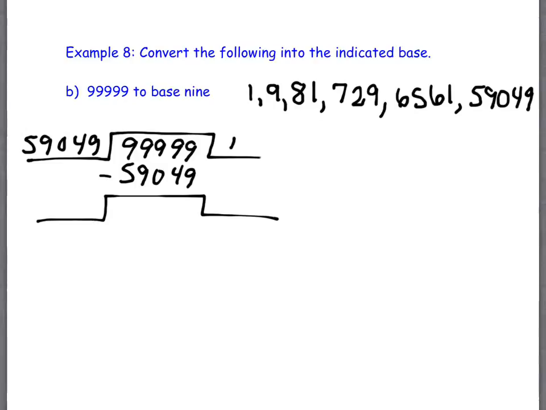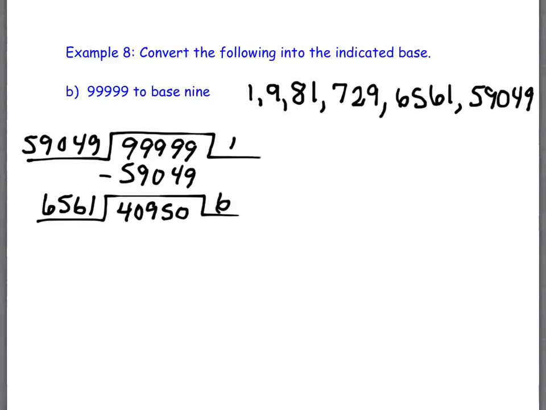All right, so what do we get when we subtract? Perfect. And then we will divide by the next largest power of 9, which is 6561. So how many times will 6561 go into 40,950? 6 is correct.